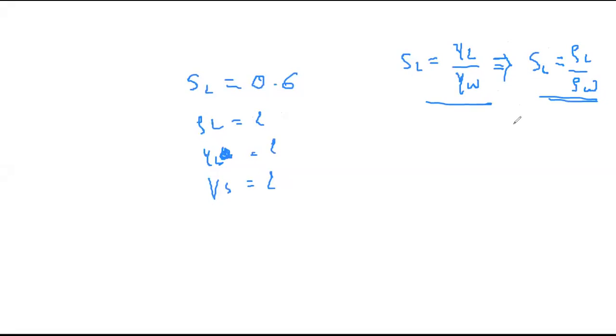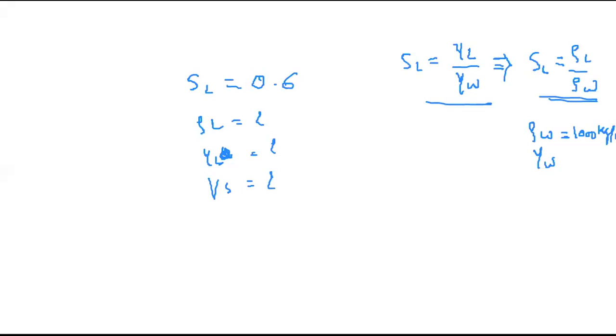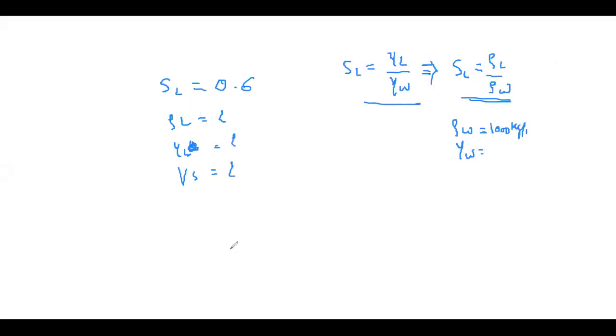To get these values, we should know the value of rho W and gamma W. The value of rho W is 1000 kg per meter cube. Gamma W is rho W into g, that is 1000 into 9.81, and we get 9810 Newton per meter cube.